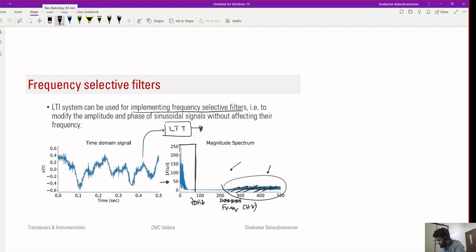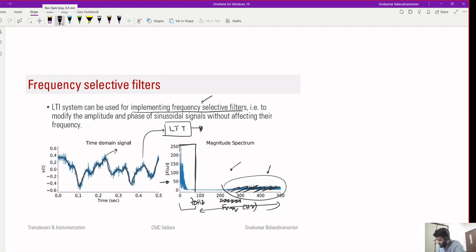So your LTI system has basically passed everything from 0 to 70 hertz, and it's rejected things outside of the 70 hertz. So you end up getting this underlying clean signal or relatively clean signal. You cannot, of course, remove it completely in practice. So you can implement LTI systems that will give you this black signal when you pass your original signal through this LTI system.